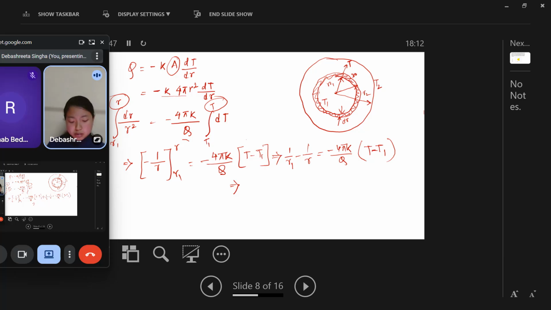Directly you can integrate. But I just want to give a general profile for this T. Later, you can substitute T with T2 and r with r2. That's why I'm integrating from T1 to T, from r1 to r. You can directly use r2 and T2 also, no issues.